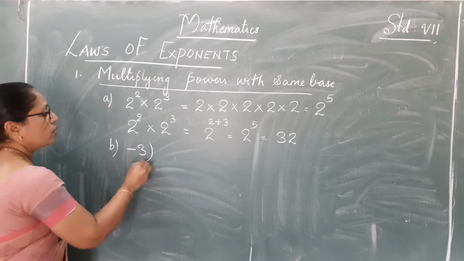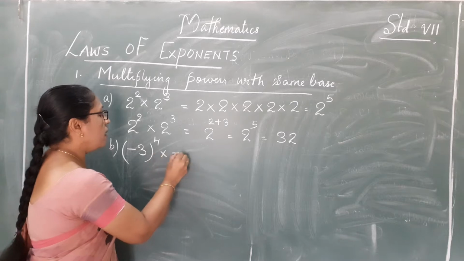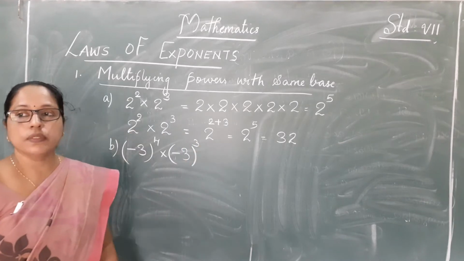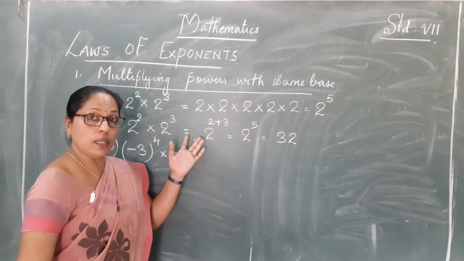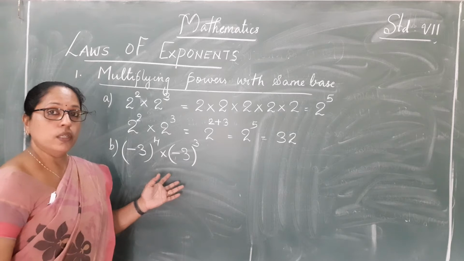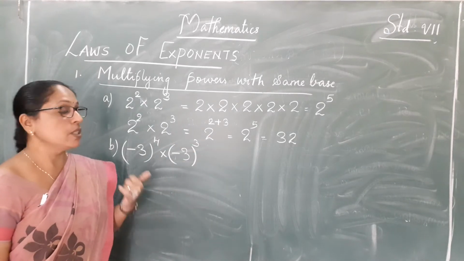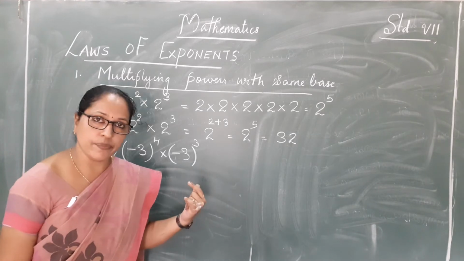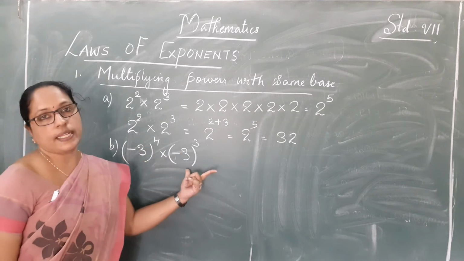Negative 3 the whole raised to 4 into negative 3 the whole raised to 3. Here also, as you have learned the law, you can apply it. No need of going to the expanded form. What did I say? Check the base. What are the bases here? Yes, the bases are negative 3 and negative 3.